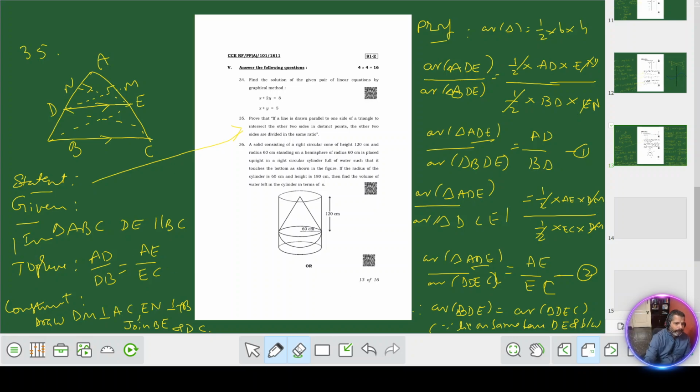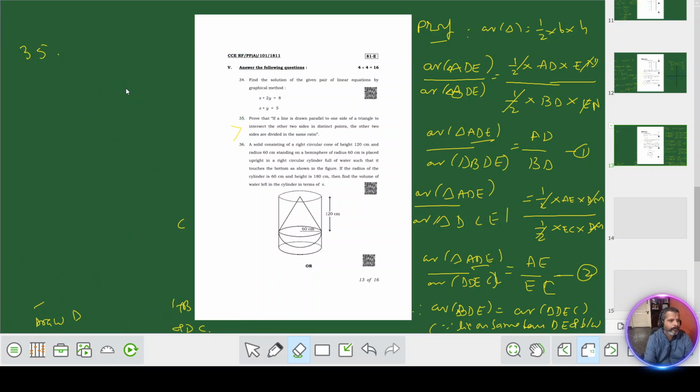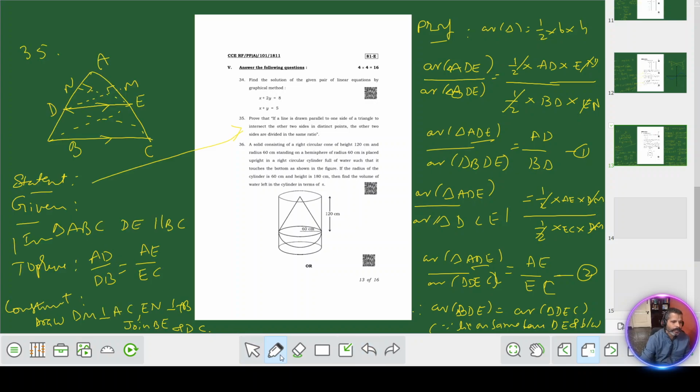I'm writing here. We need the figure, so I'll delete the other part here.